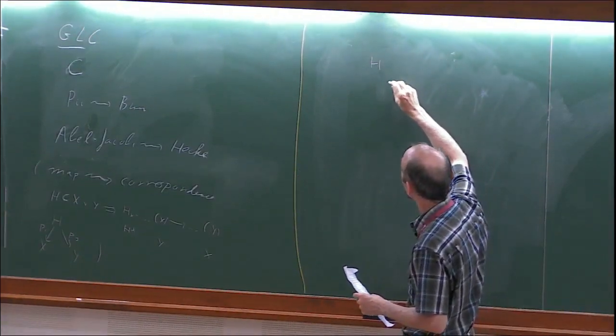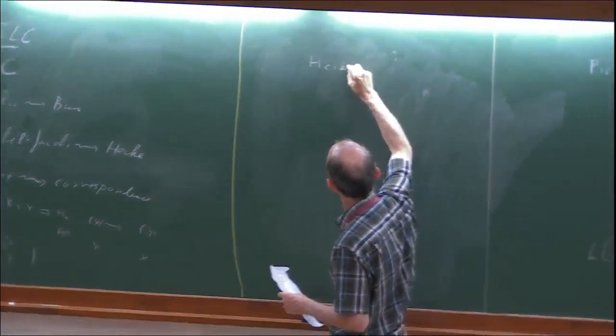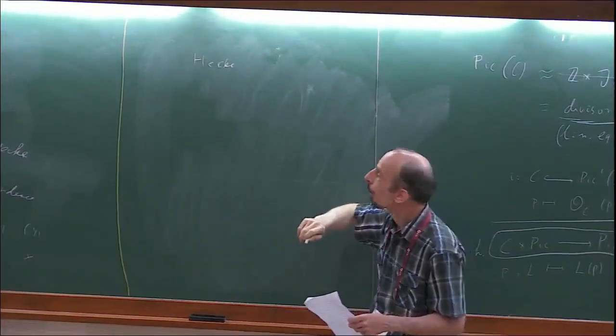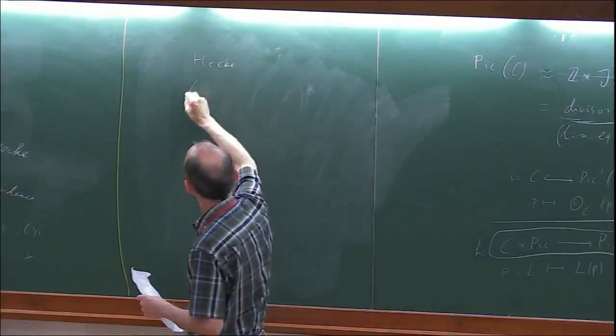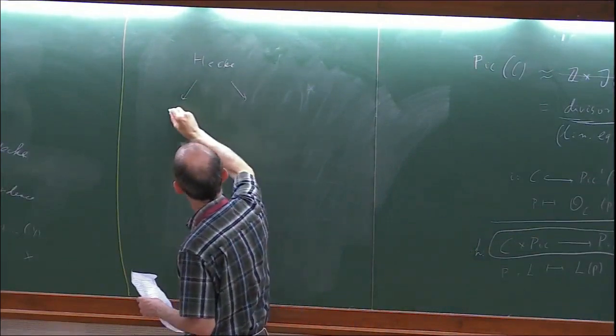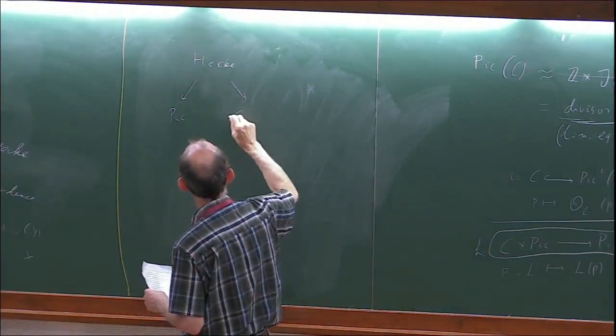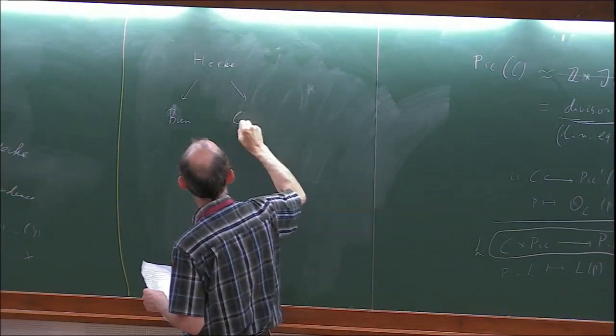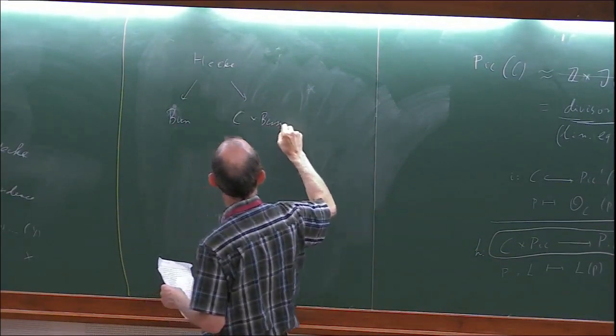Anyway, the Hecke correspondence, let's call it Hecke for now, but it will soon become just H. So the Hecke correspondence is a correspondence from Bun to C cross Bun.